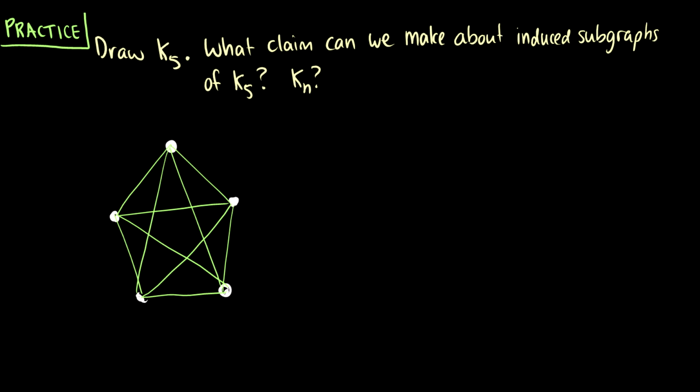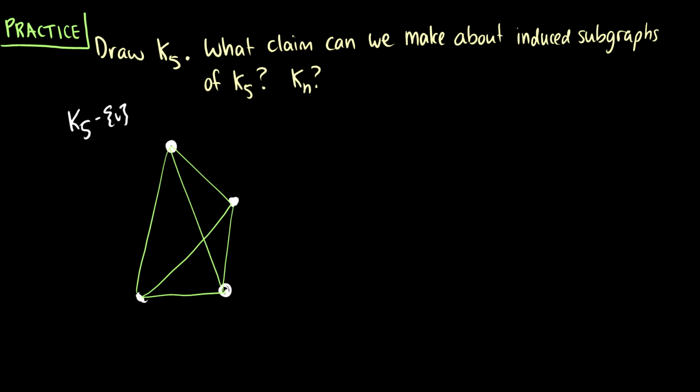So, what happens when we try to make an induced subgraph? Remember what an induced subgraph is? An induced subgraph is when we take one vertex, we delete it, and we delete all adjacent edges. So let's try this. Let's remove this vertex here and remove all incident edges. So this is K5 minus some vertex.